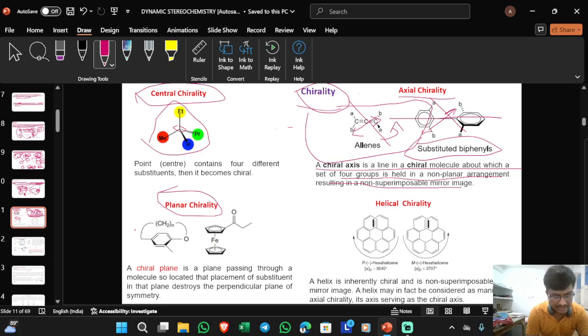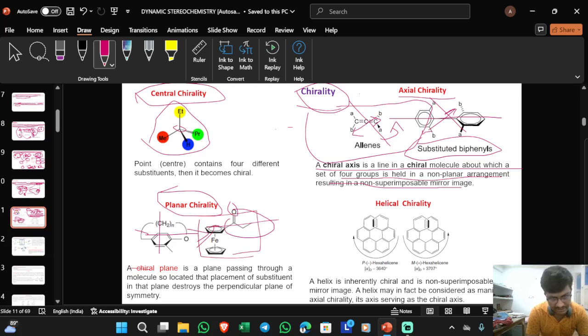Plane of chirality. These are centers. Then two are different, and then these centers create a plane. The molecule is divided because of this plane, and this is the plane of chirality.